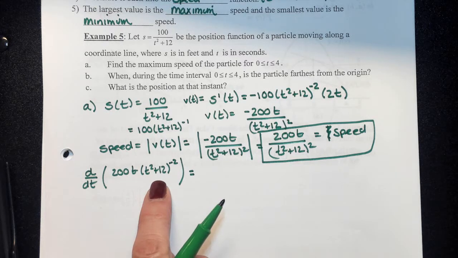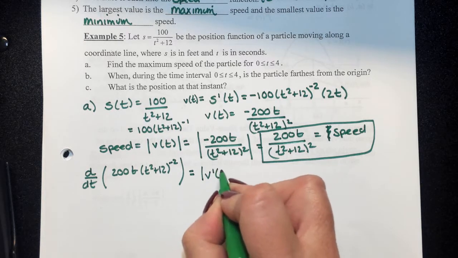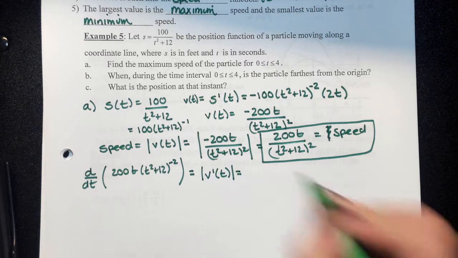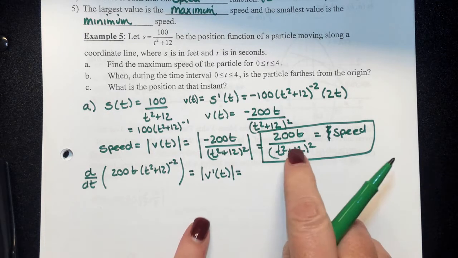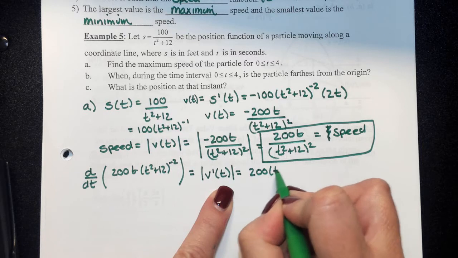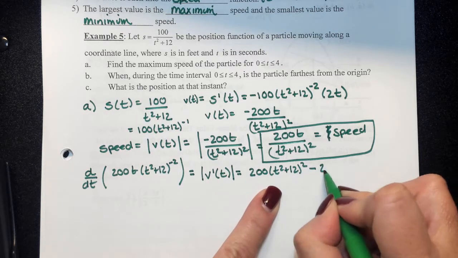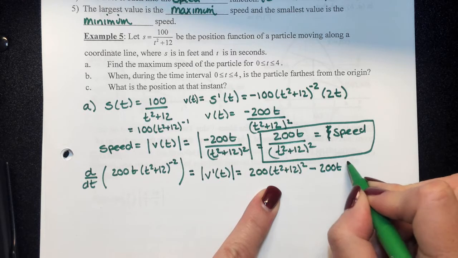All right? So to find the derivative of the speed function, I'm just going to use my quotient rule: f prime g minus f times g prime.